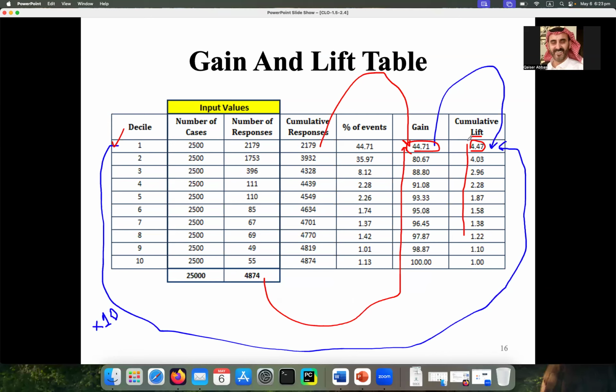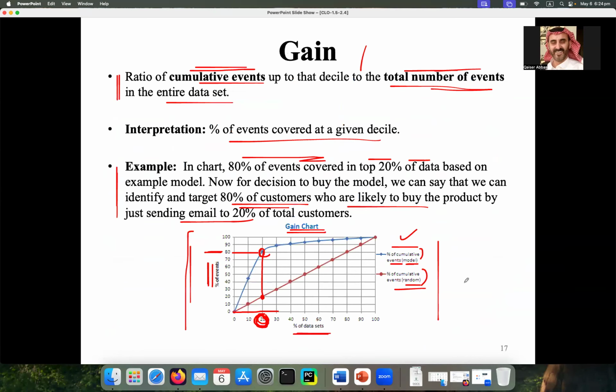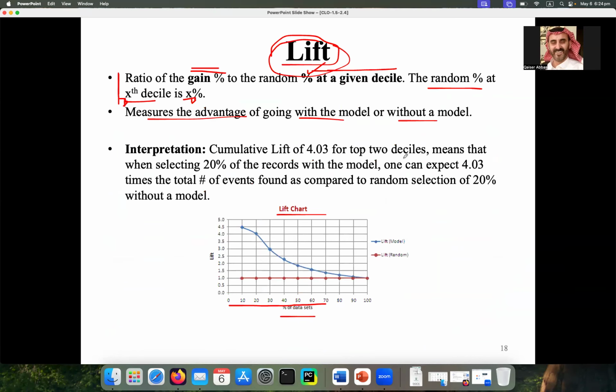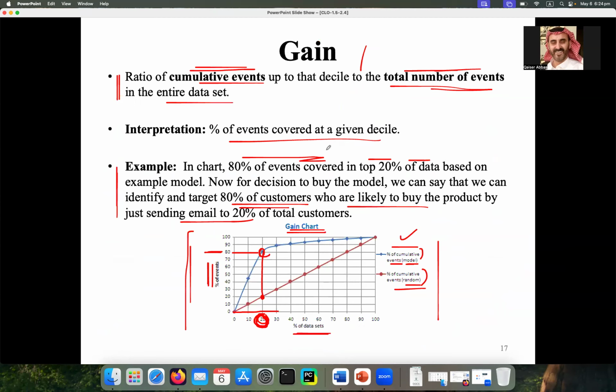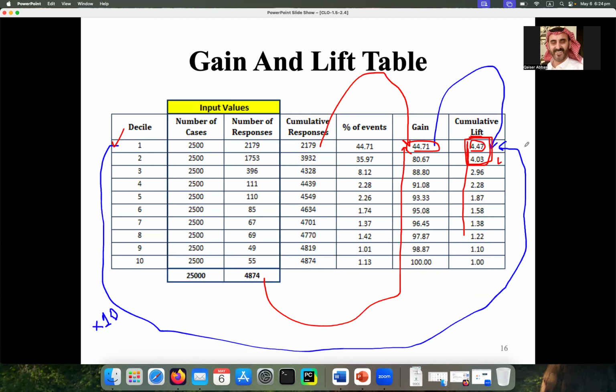From this example, here we have the lift values 4.47 and 4.03, which are the highest among all these. What are these values saying? That lift of 4.03 is at the second row of the table, second decile.